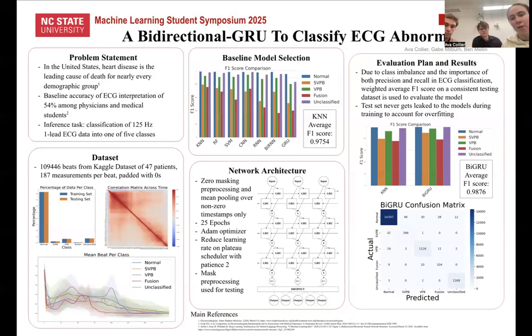As for our architecture here, you can see we did a 3-layer bidirectional GRU. Each layer had 128 hidden nodes, and one of the main features of our network that was the most helpful for improving the F1 score was we used zero masking pre-processing with mean pooling over the non-zero timestamps.